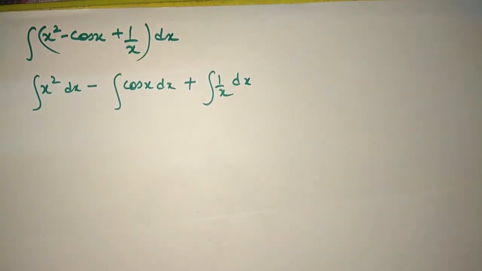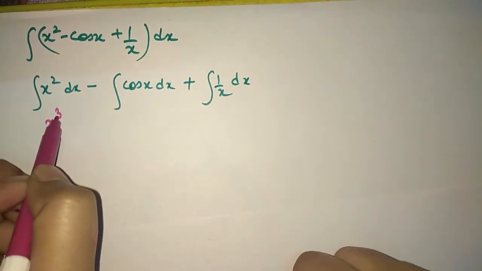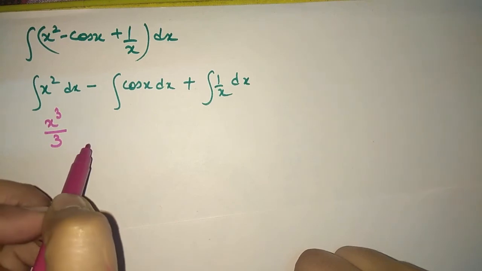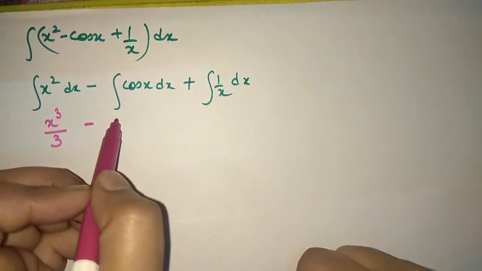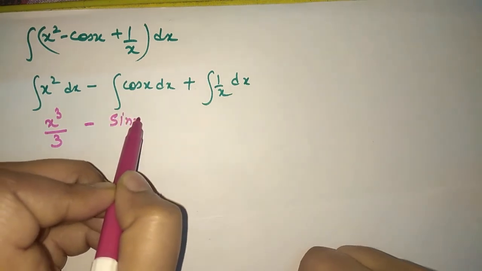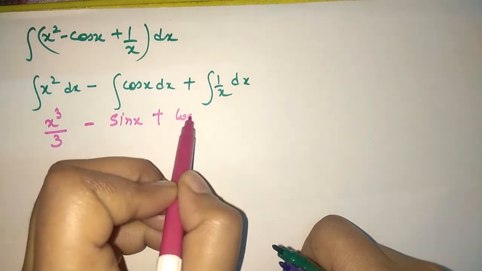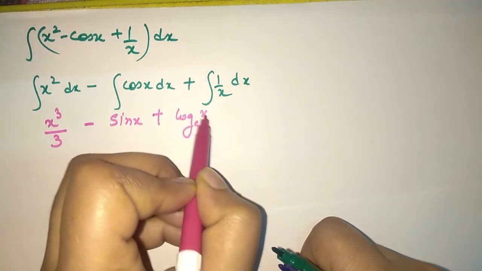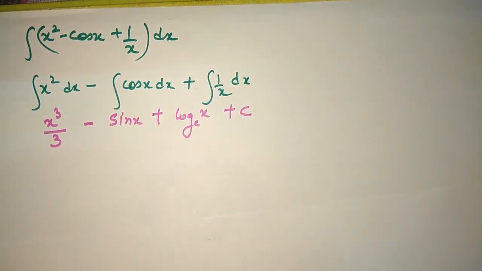Now integrate each term: integration of x^2 dx is x^3 upon 3, minus integration of cos x is sin x, plus integration of 1 upon x is log x. Now we have to use c as the constant of integration.